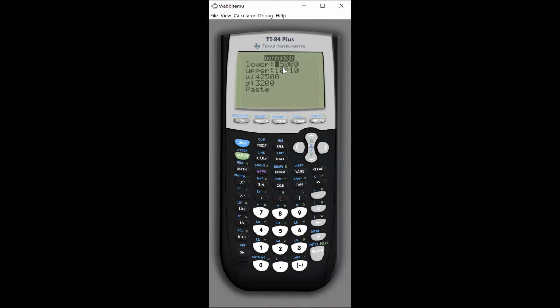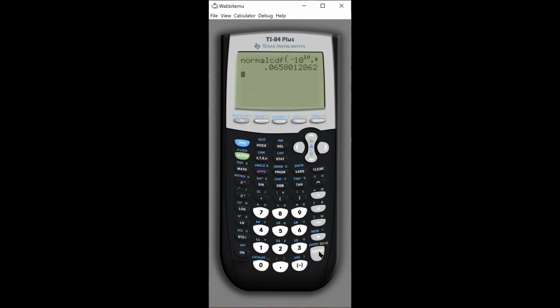For lower, we're gonna put negative infinity, so negative 10 to the 10 power. My upper will be 37,675. And then mu and sigma all stay the same. We go to paste.